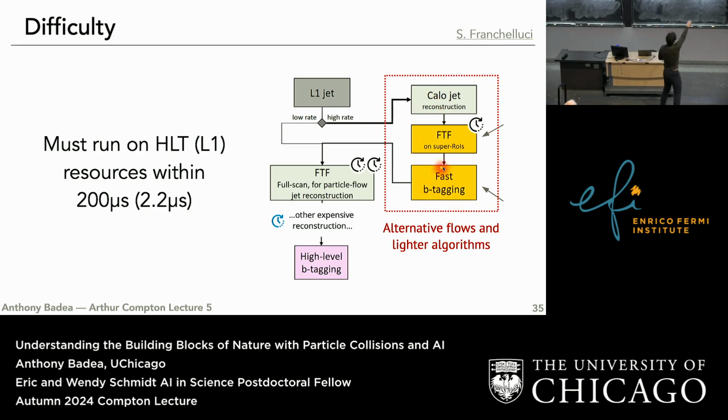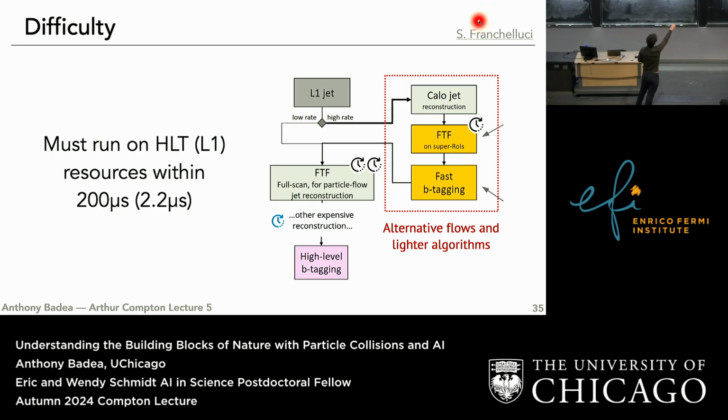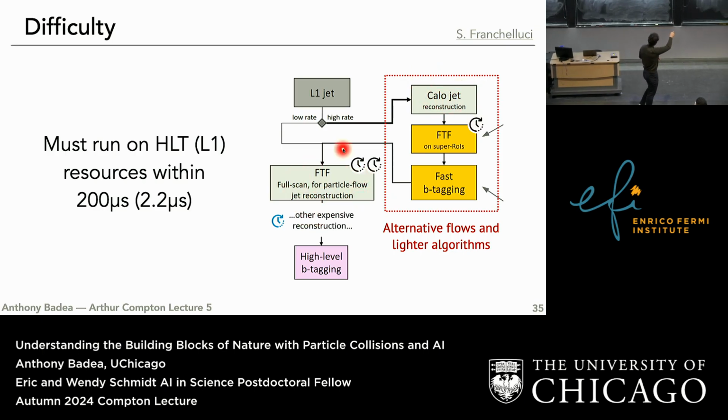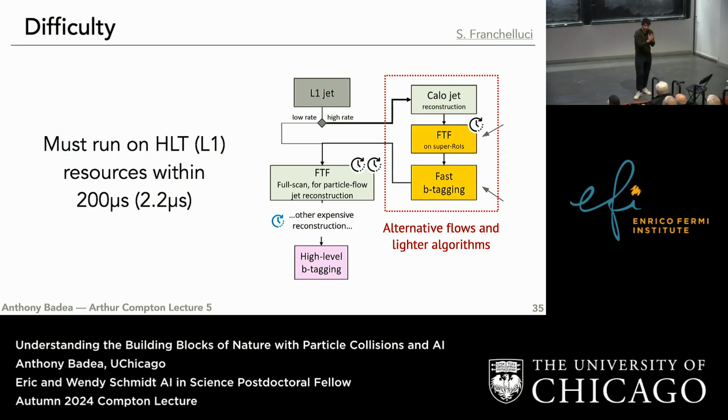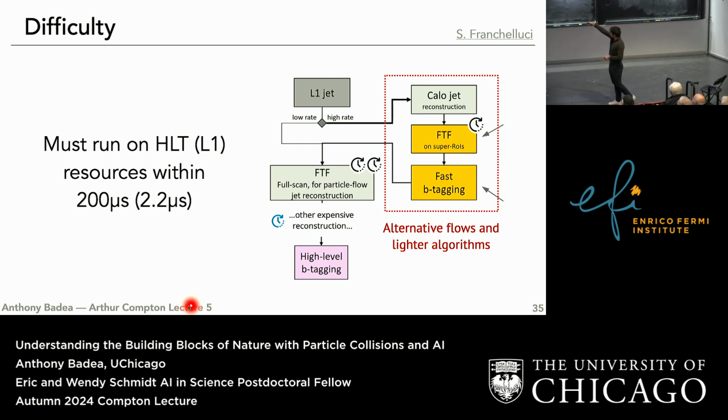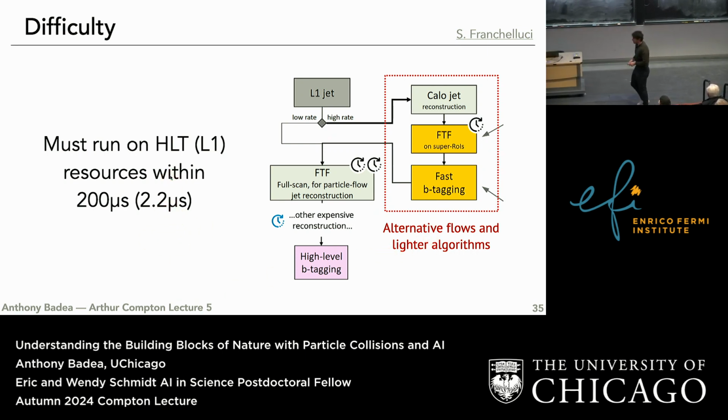And so this was actually done by a grad student I worked a lot with when I was in Geneva. And so the big idea here was, instead of doing all those complex calculations that you could do at slow speeds using the full detector, instead do even more compressed regions and do lighter weight calculations. And so doing that, you're actually able to get decisions within these 200 microseconds and even sometimes within 2 microseconds.